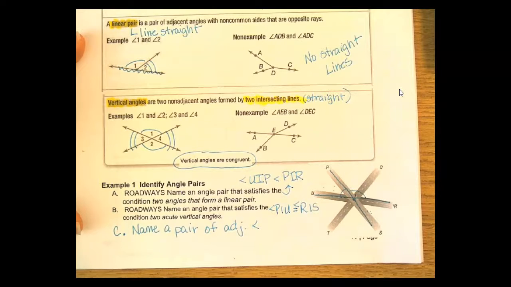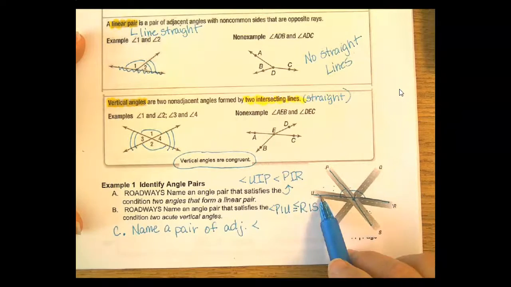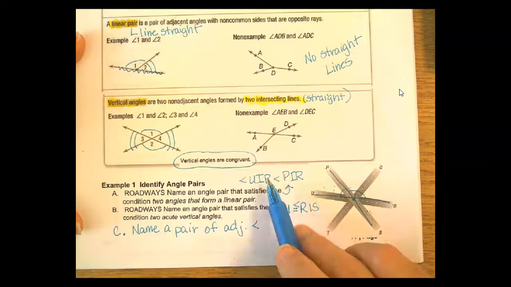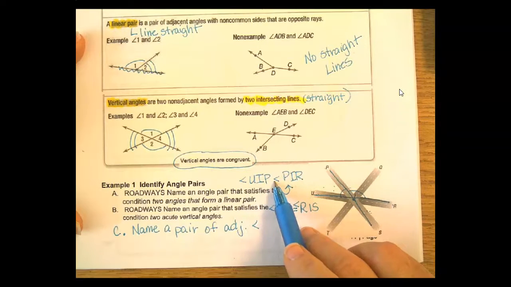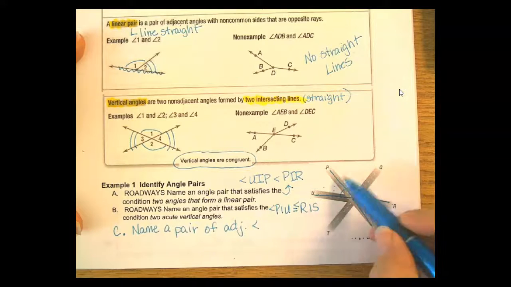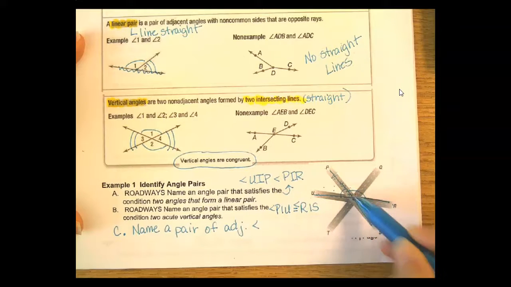If I needed to name a pair, I just added this. Name a pair of adjacent angles. Adjacent angles means they share a side. So really, that would be no different than up here, the two angles that form a linear pair. So adjacent, because they're sharing this line right here, I'm going to use that same one.